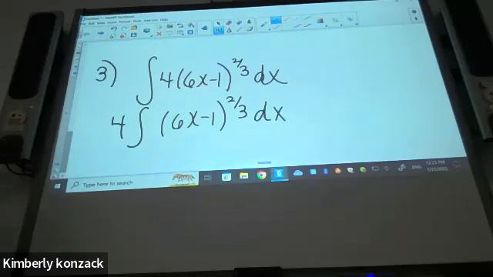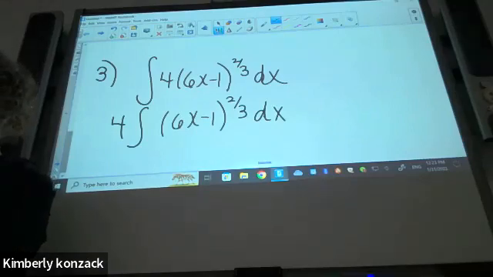And again, you don't want to make it so that the derivative becomes more complicated, right?